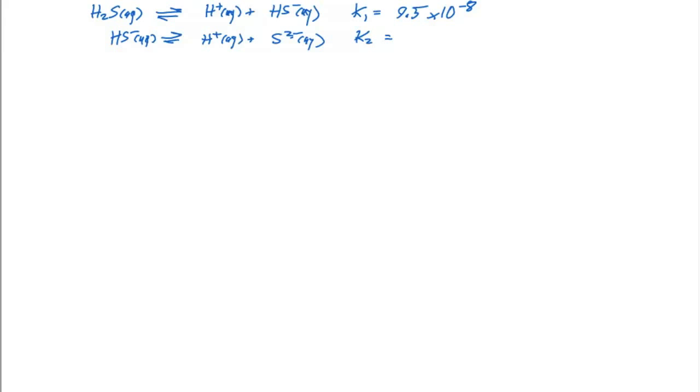We're going to say that it's very, very small, so we can essentially ignore that step. So our K1 expression is going to be the concentration of H+ times the concentration of HS- divided by the concentration of H2S, and that equals 9.5 times 10 to the minus 8.